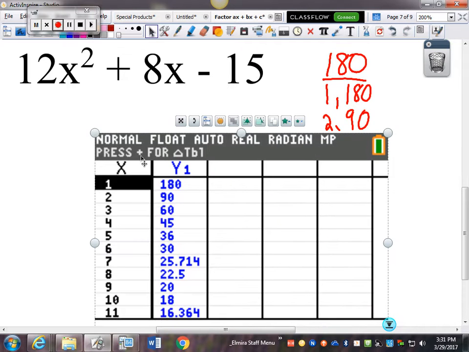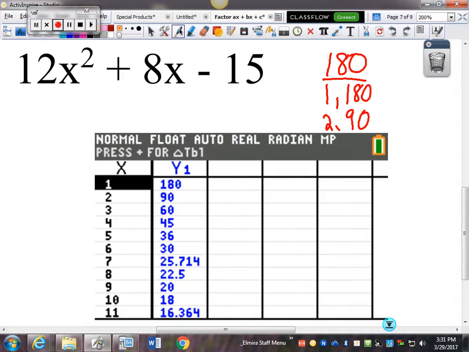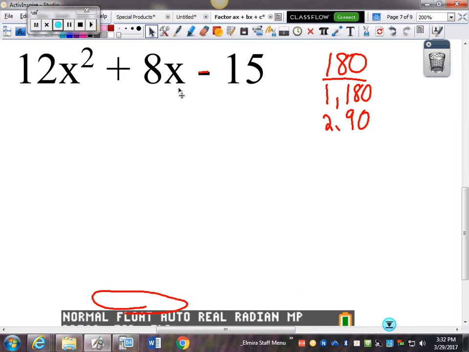Okay, I'm only going to pay attention to where I've got whole numbers, no decimals. So 1 times 180, 2 times 90, 3 times 60, 4 times 45. And all I am looking for is the row in the table that subtracts to 8. Right here, 10 and 18. So it's really not necessary to write out the entire list, especially when it's that long. 10 and 18 is what I want.